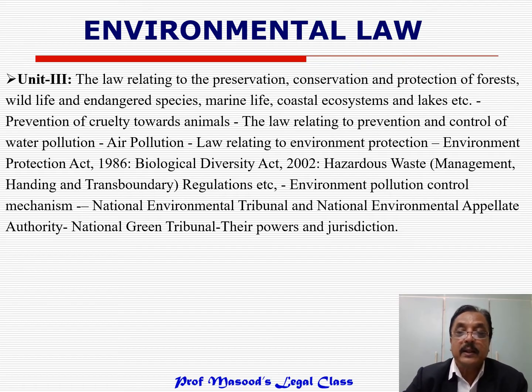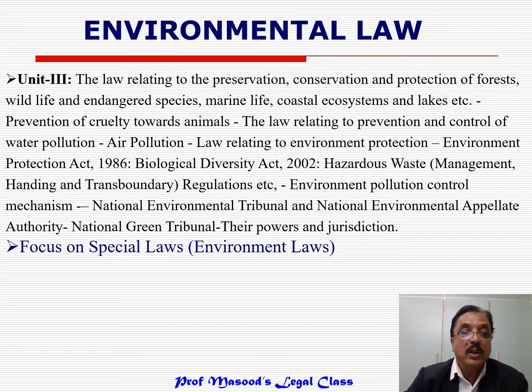Now let us see, this unit deals with what? Focusing on special laws related to environment. So what are the two specific laws in unit number 3? Unit number 3, that is law relating to environment protection, that is Environment Protection Act 1986.